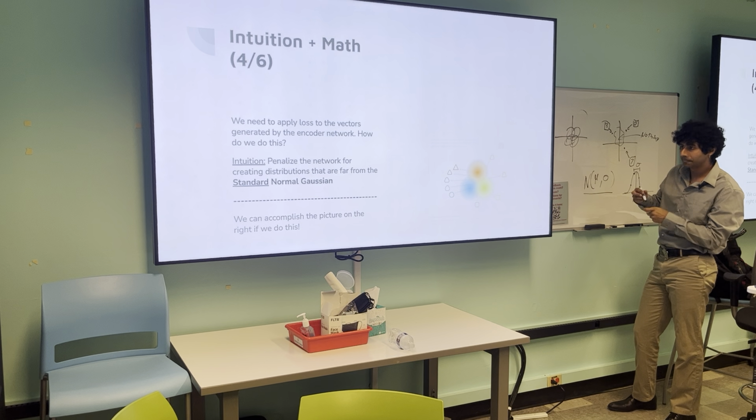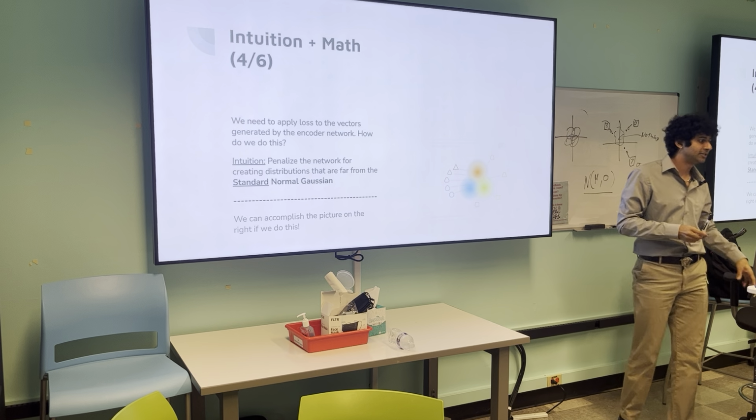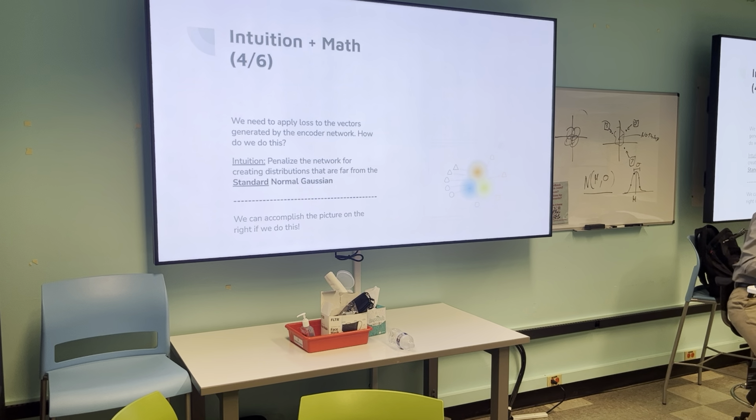What we can do is also penalize the network if it creates distributions that are very far from a standard Gaussian, which is mean 0, standard deviation 1. So now the network has to do two things. It has to make a bubble in which samplings result in something useful, and that bubble must be centered at 0 with a standard deviation of 1. So the bubbles are now of even size and at the same place.